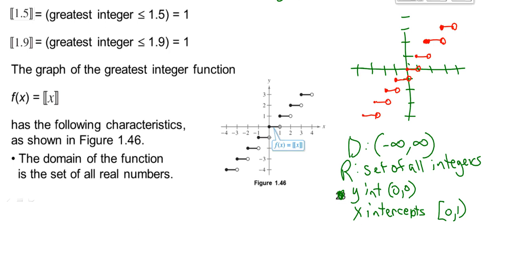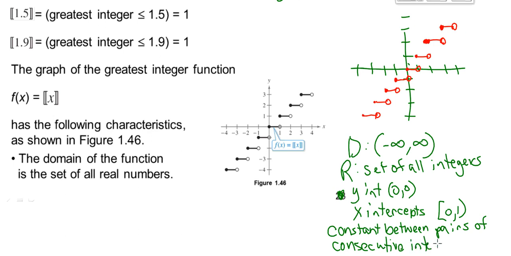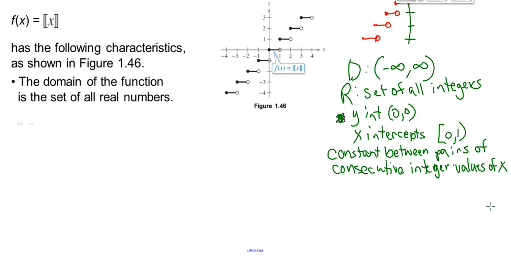So the way we'll just say that is: constant between pairs of consecutive integer values of x.